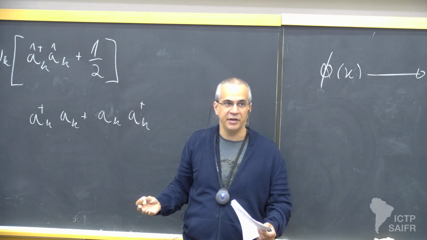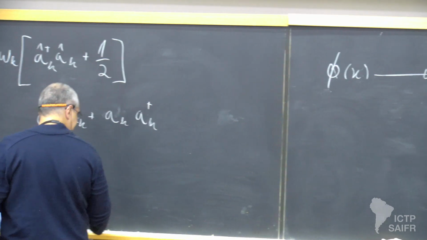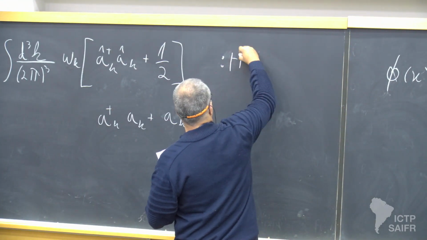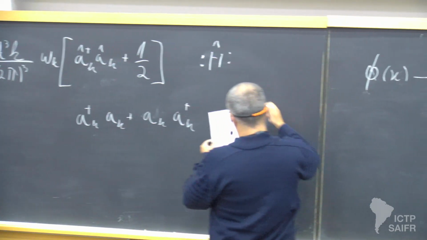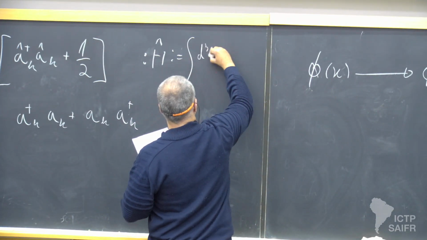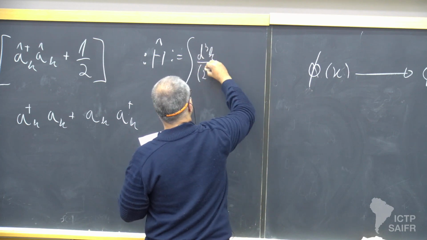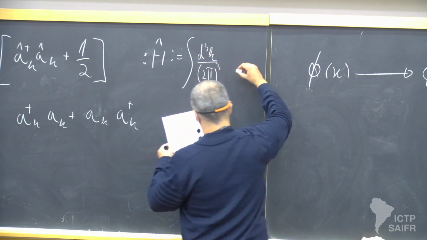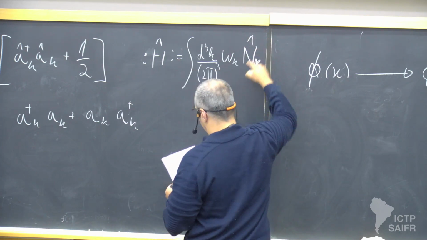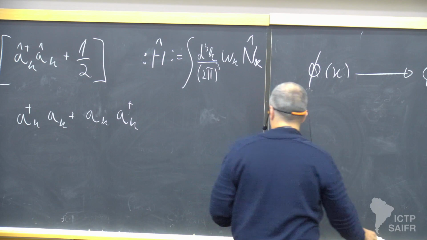That's normal ordering. So I get rid of the half, and we can define an energy operator which will give you the energy of the system, just by this part, where nk is just a number operator.